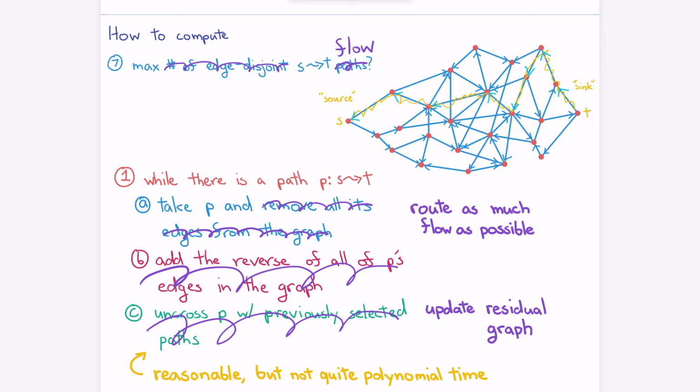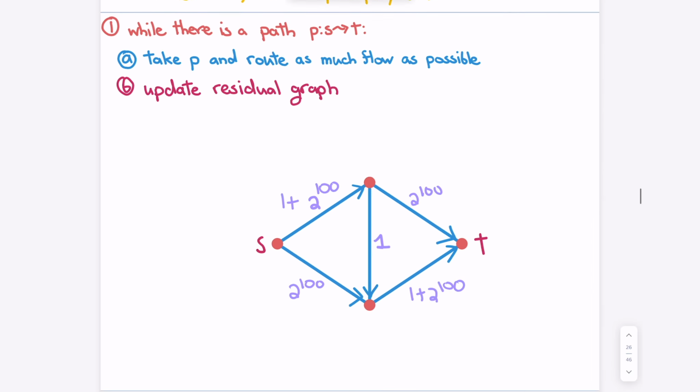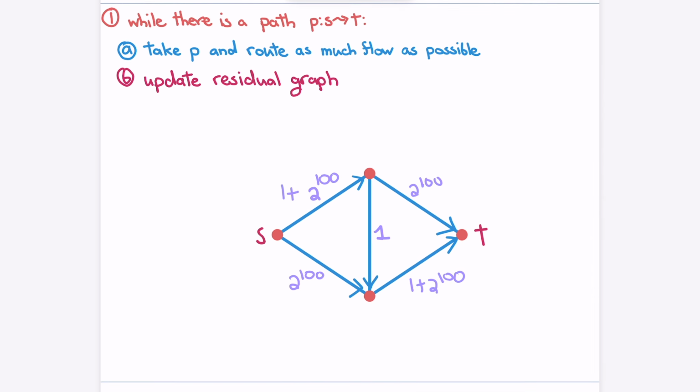Okay, so I think I have an example. A graph like this, with integer capacities. What's the bad case? What could happen that would be bad?